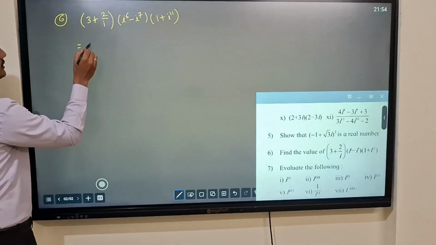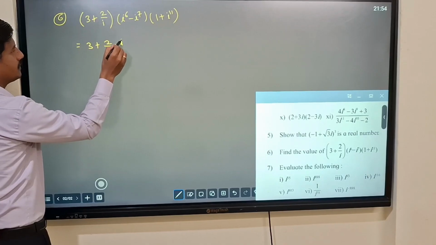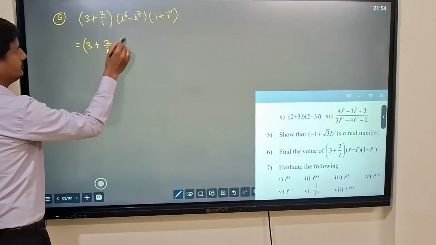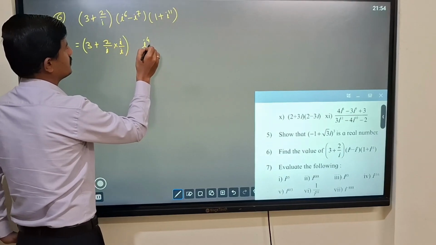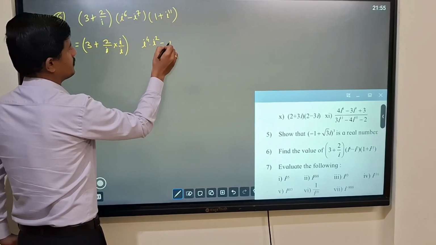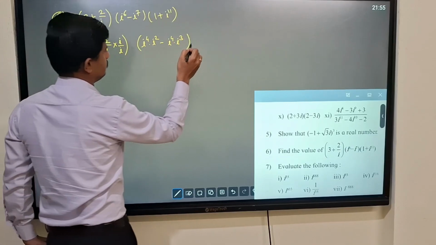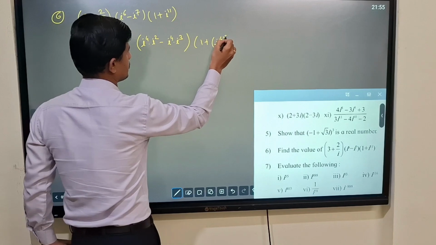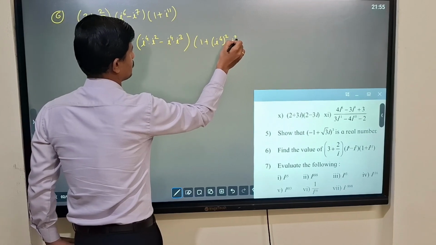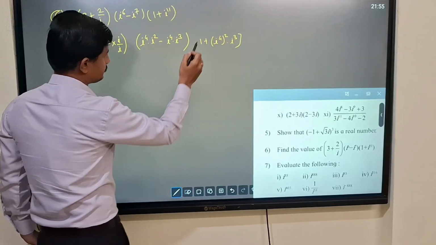So we can solve this like this: 3 plus 2 upon i, multiply and divide by i. I can write this like i⁴ into i² minus i⁴ into i³. Here 1 plus (i⁴)² into i³. This is the expansion of i¹¹.